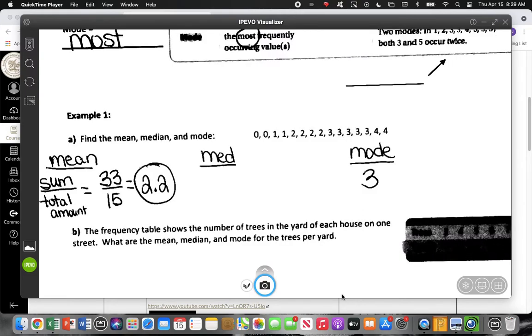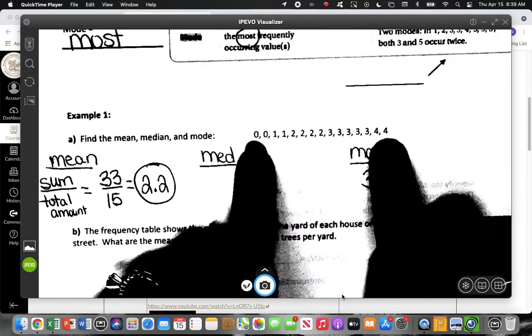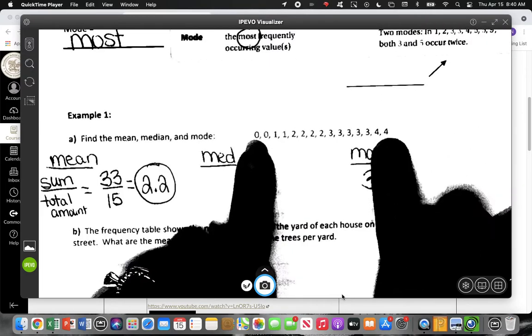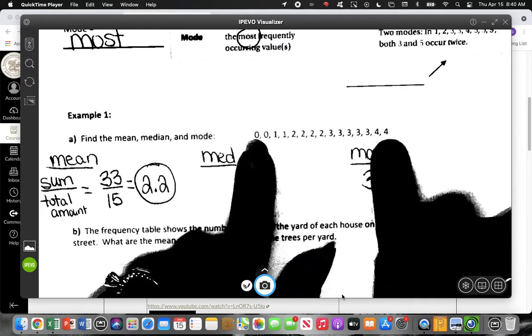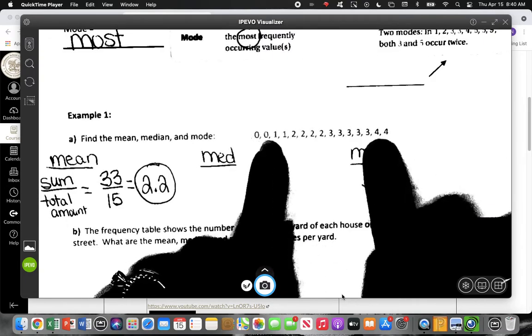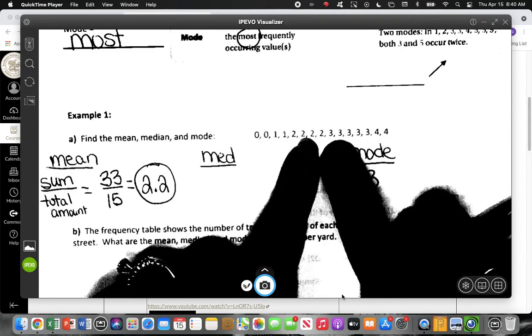All right, now for the median, we are listed from least to greatest. So I use fingers or I will mark them. But if you start from the outside, put 1 finger on the lowest number, 1 finger on the highest number, and then just kind of count in until you get the middle number.